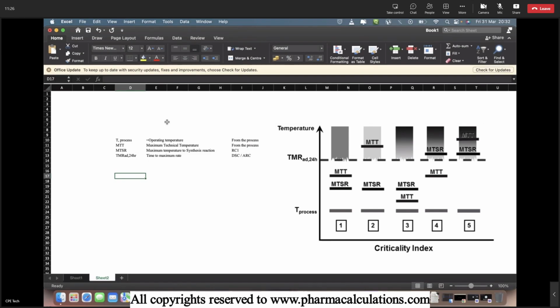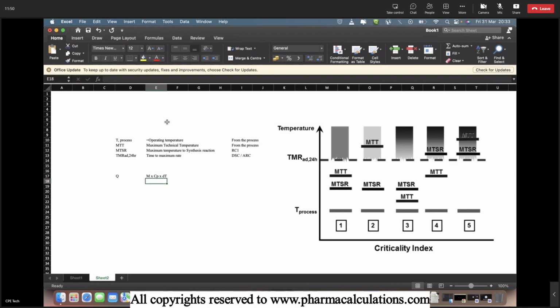Depending upon the changes in the utility temperature, we identify the heat of reaction, and accordingly we calculate the adiabatic temperature rise. Let's say the total energy evolved from the process is Q, and we calculate the delta T from the formula mCp delta T.